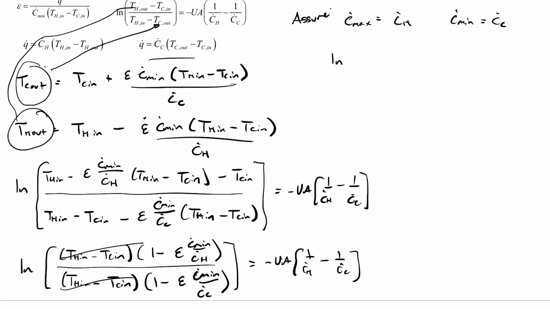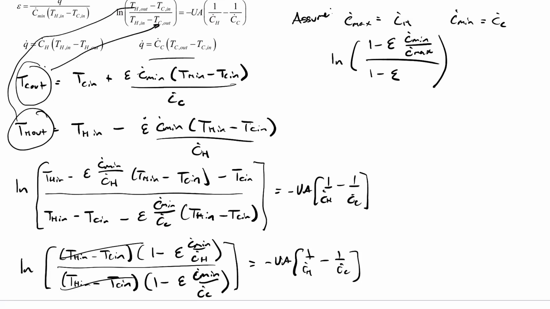You end up with ln of 1 minus epsilon C.min over C.h, and we call that C.max. So C.max divided by 1 minus epsilon C.min divided by C.c. Well, that's C.min, so that's just 1, right?